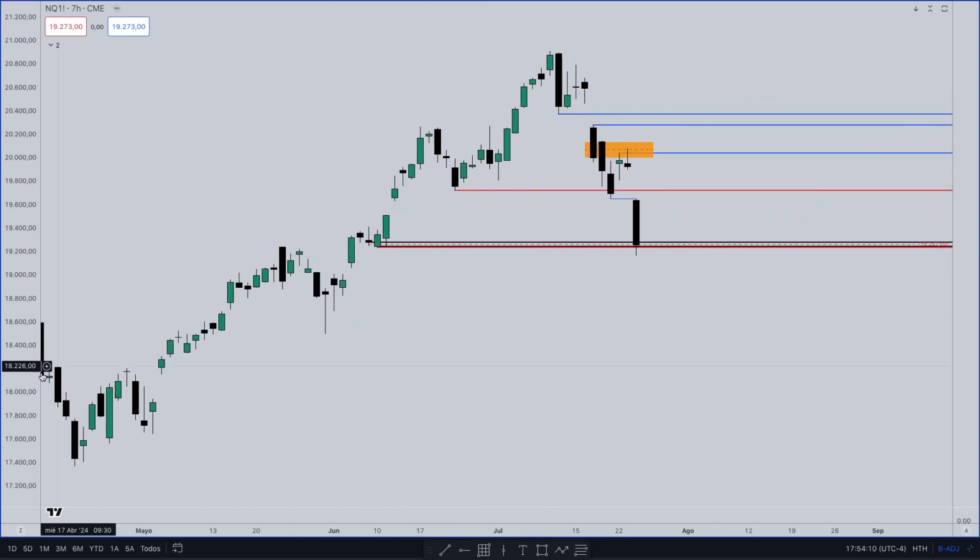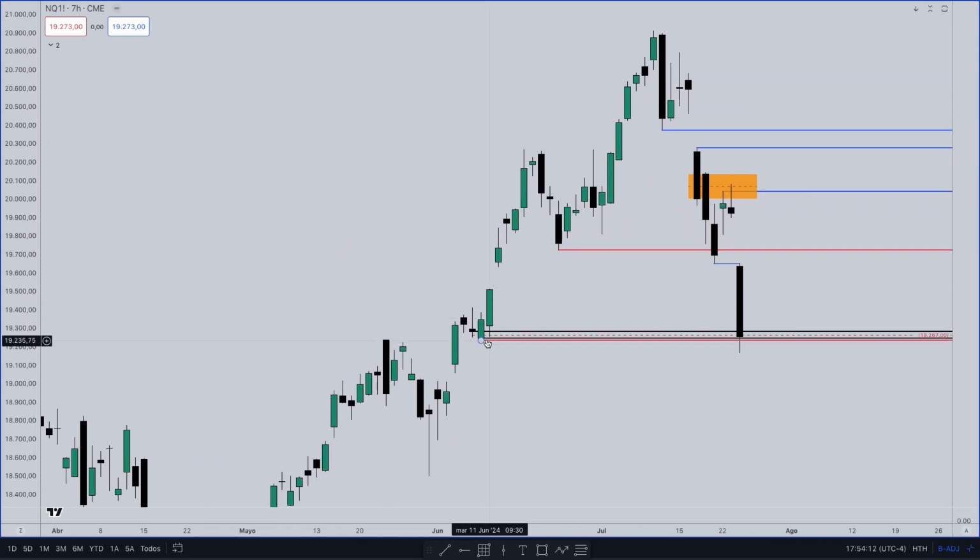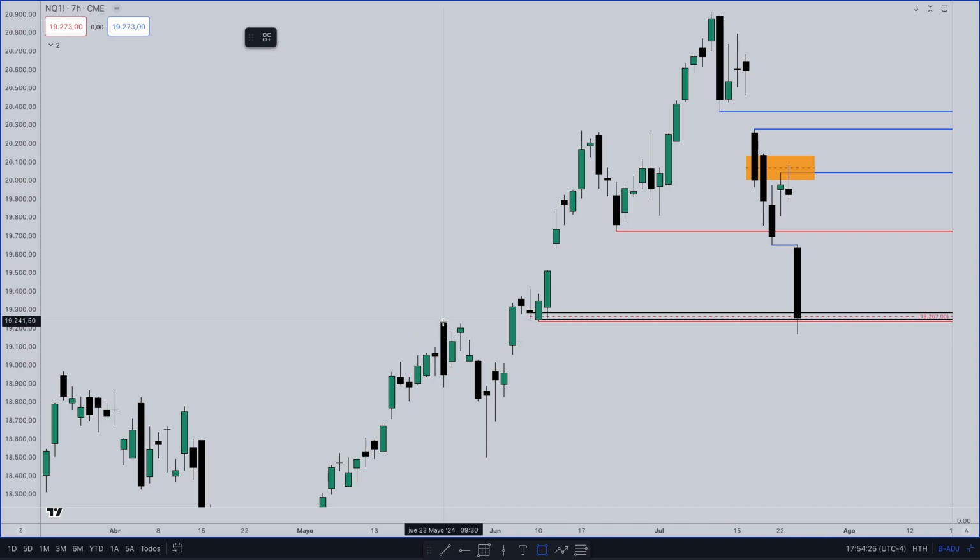So yes, now that we reach these levels, I'm not expecting these kind of moves again, this big, because now we are inside of this breaker.